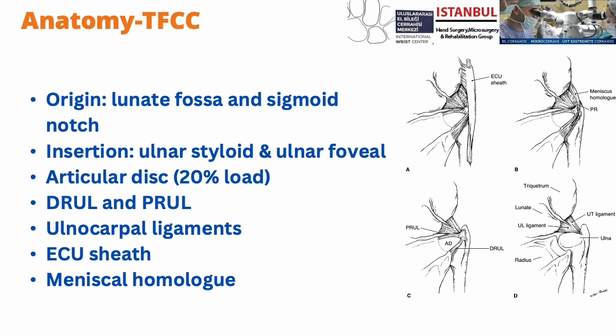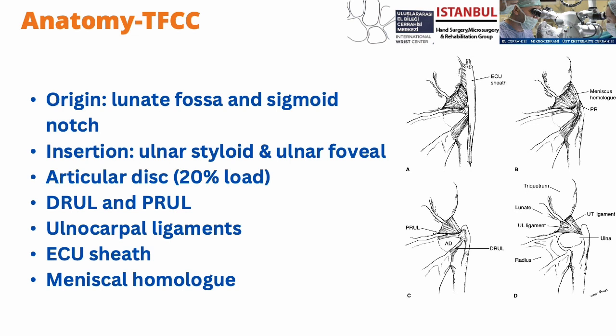The TFCC originates from the lunate fossa and sigmoid notch and is inserted into the ulnar styloid and ulnar fovea, as I mentioned before. It consists also of the articular disc, dorsal radioulnar ligament and palmar radioulnar ligament, ulnocarpal ligaments, which are ulnolunate and ulnotriquetral ligaments, ECU sheath, and meniscus homologue.